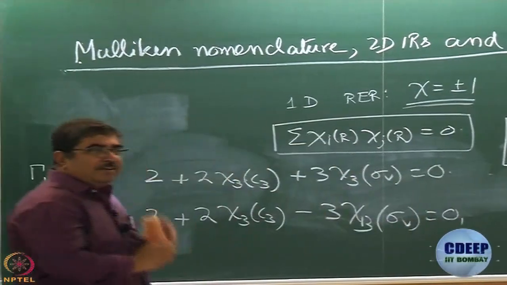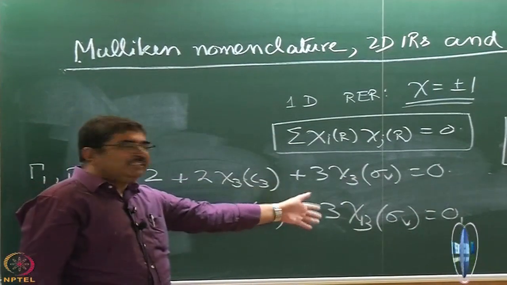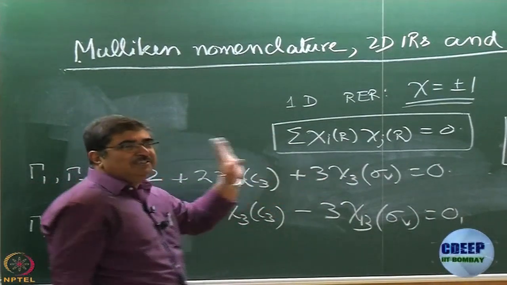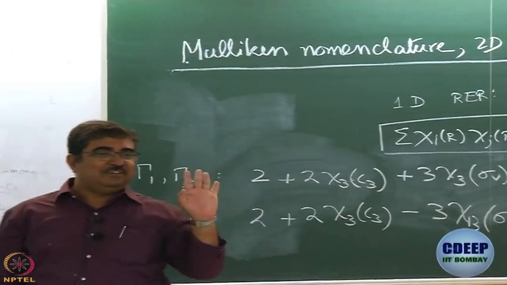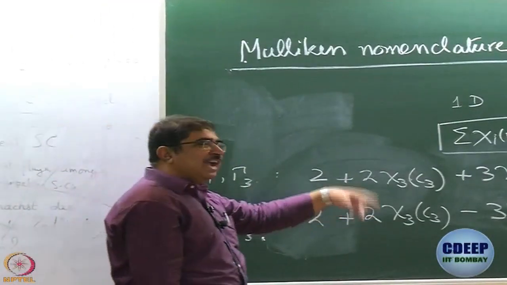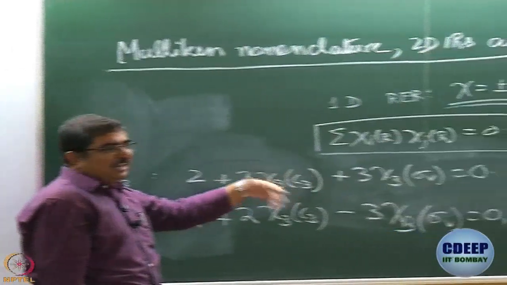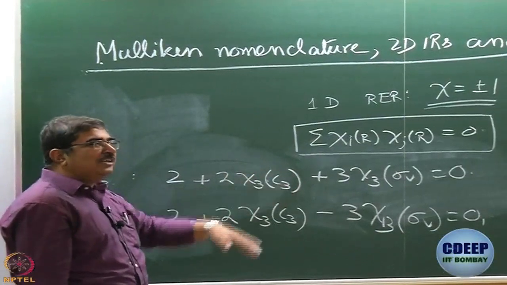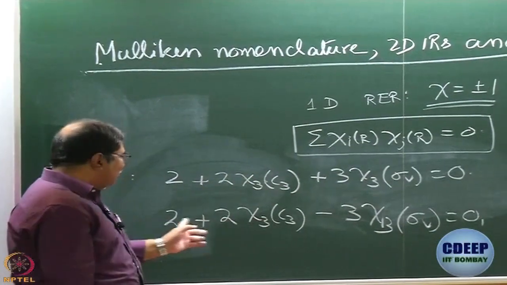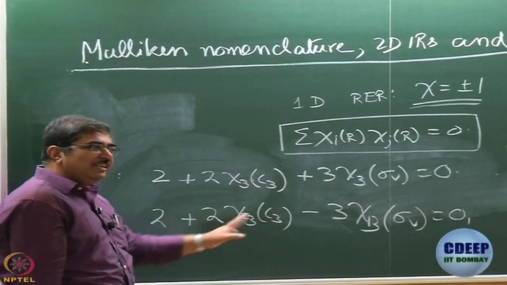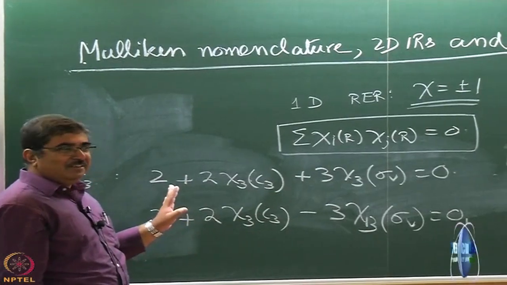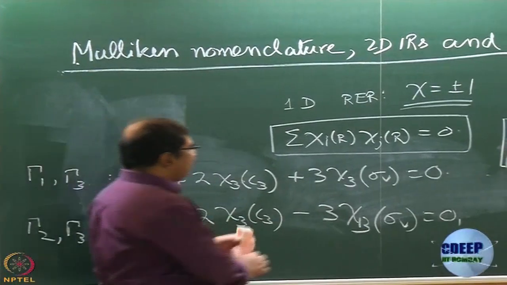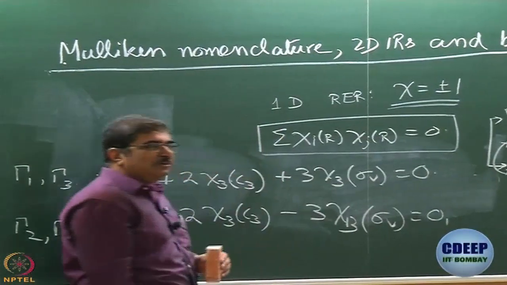Excellent. First result that I can see from here is that this chi3 of sigma v has to be equal to 0, right, because no matter whether you add 3 times of it, or no matter whether you subtract 3 times of it, to 2 plus 2 chi3 of C3, you get 0, right. So, this chi3 of sigma v has to be equal to 0.